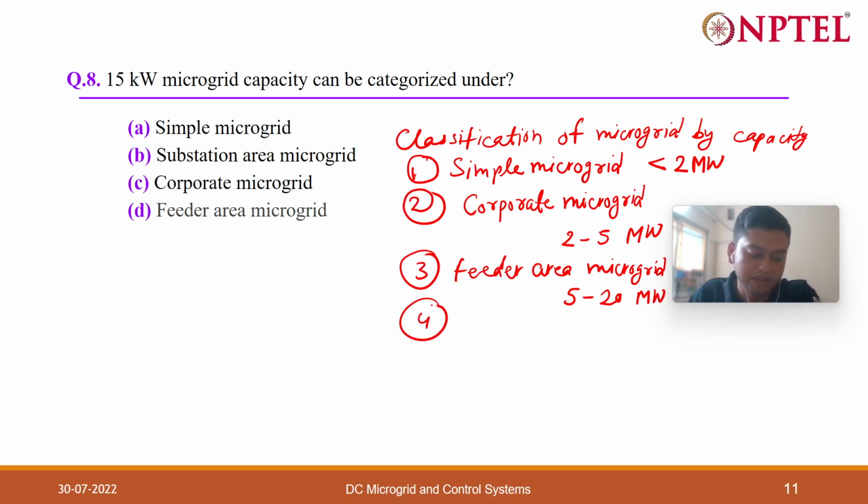And the next one is substation area microgrid, whose capacity is more than 20 megawatt.